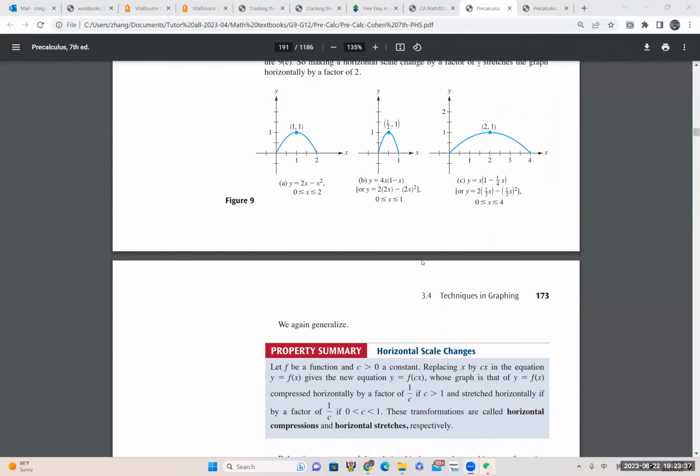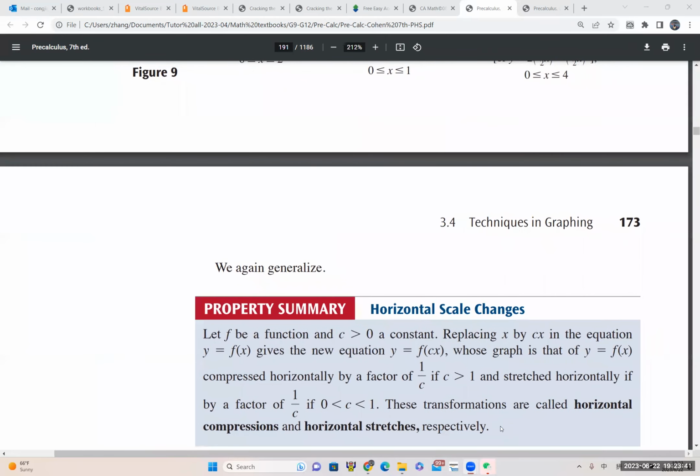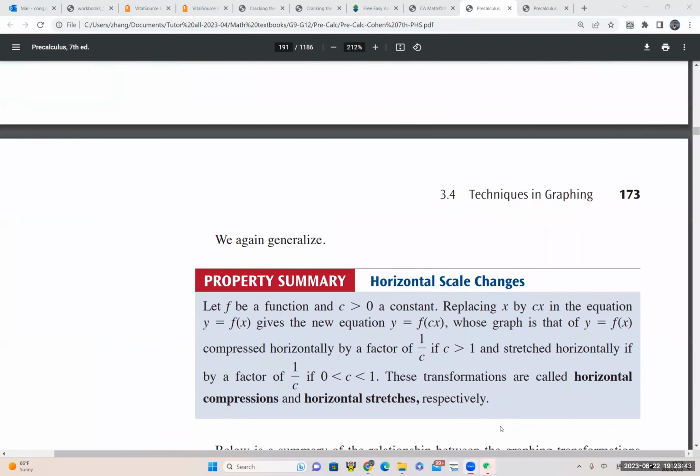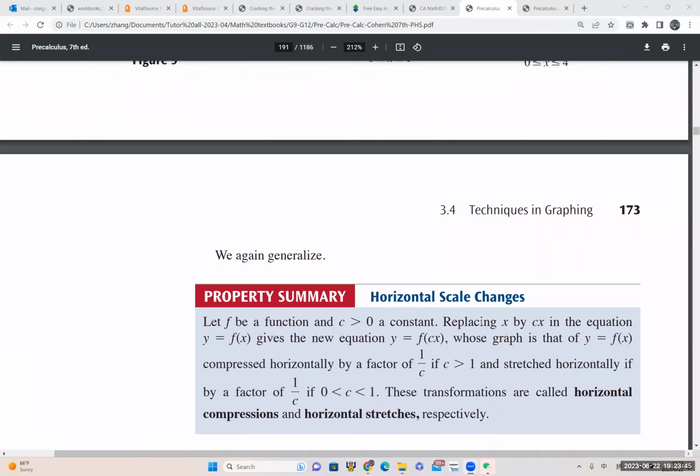Horizontal scale change, say compression by a factor of 1 over c if c is greater than 1, or stretch if c is between 0 and 1.